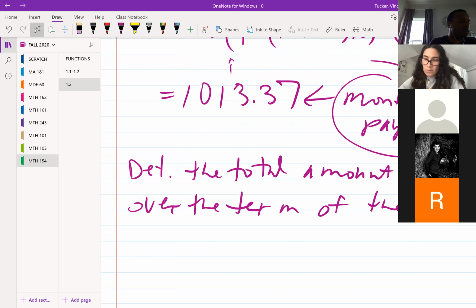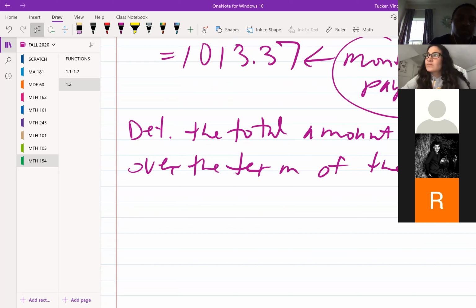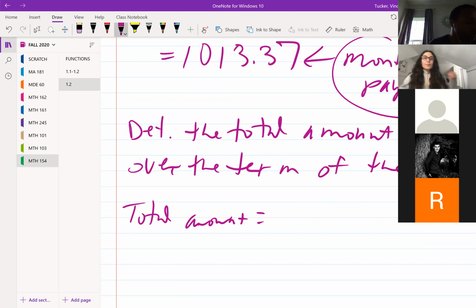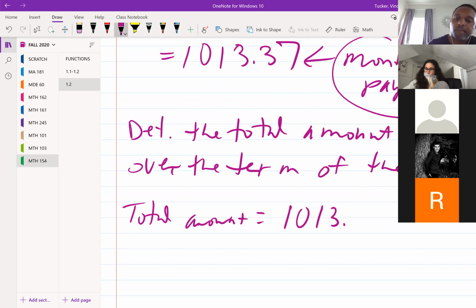So we're going to take that. So we have 10, 13, 37, which is that monthly payment. And we're going to do that 12 times for 30 years.